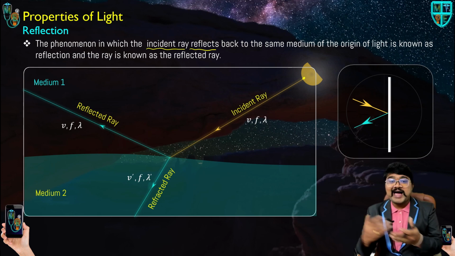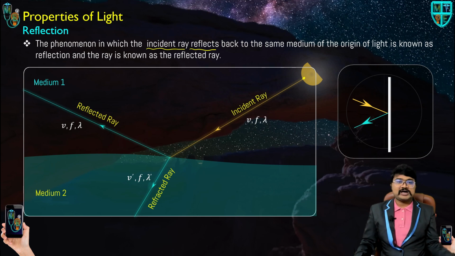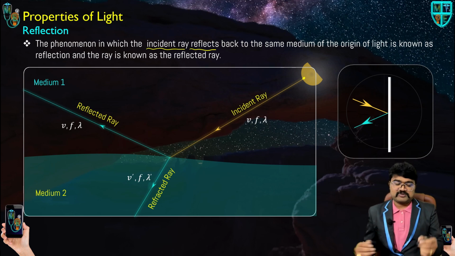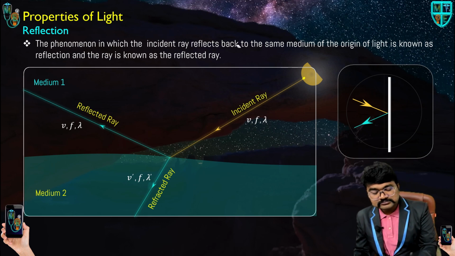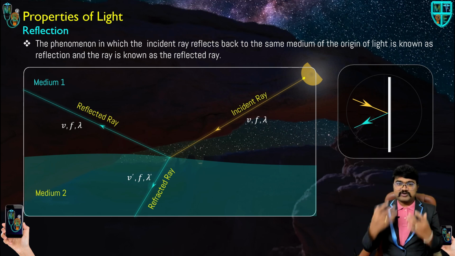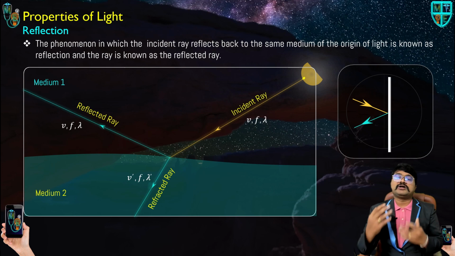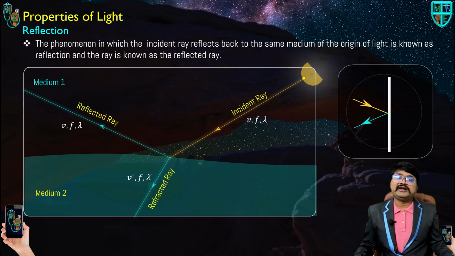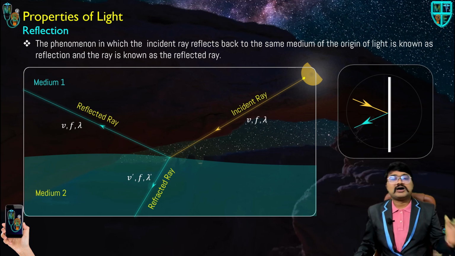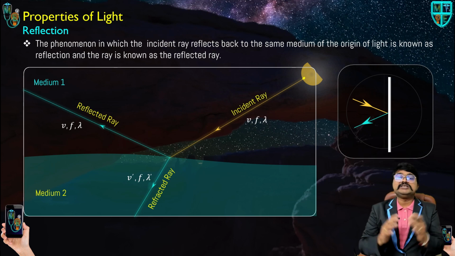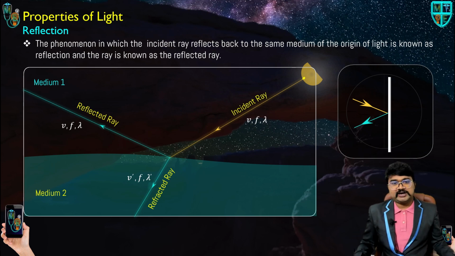It reflects back to the same medium. Understood now? That is the basic phenomenon of light known as reflection.